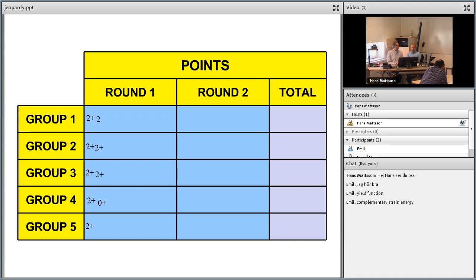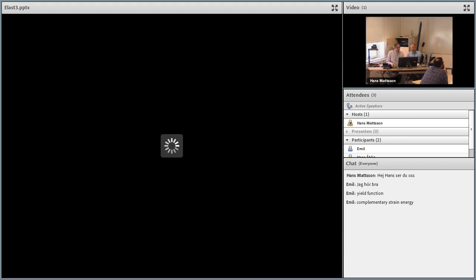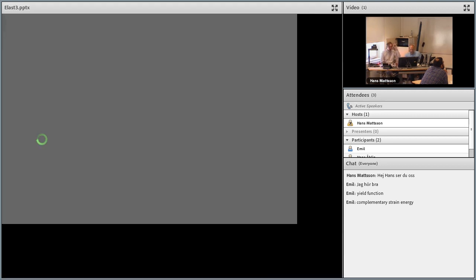And we go to group number 1 again, which should choose their third question in this Jeopardy. Category 2, level 3 for group 1. Everybody holds themselves on low levels. Let's see what question that could be. Okay, here comes the question.